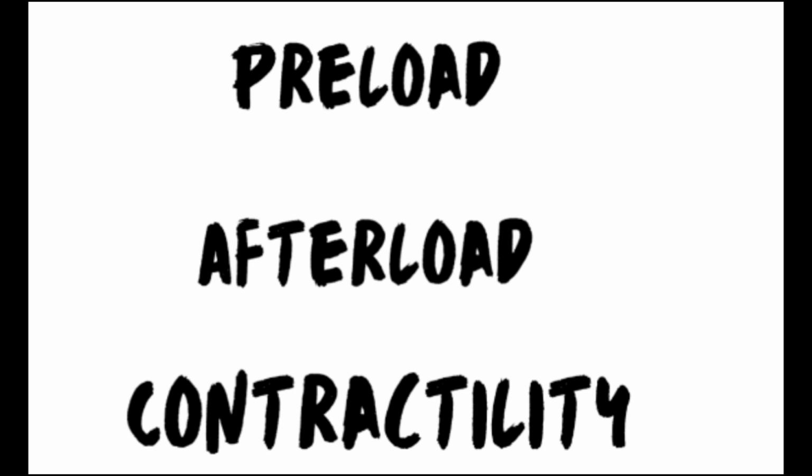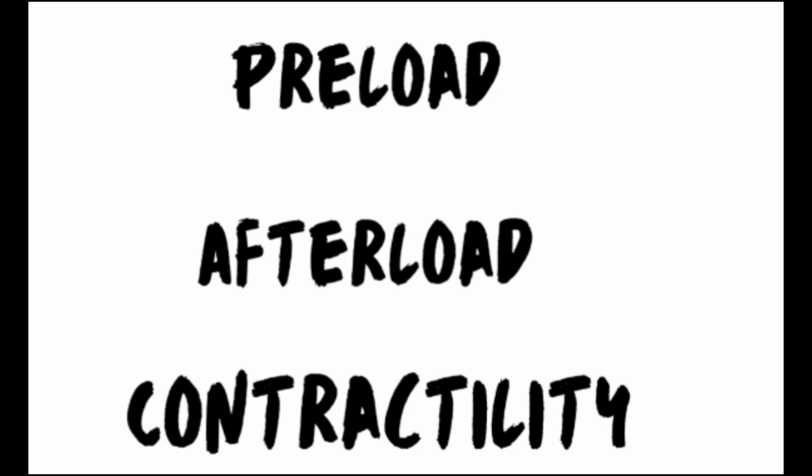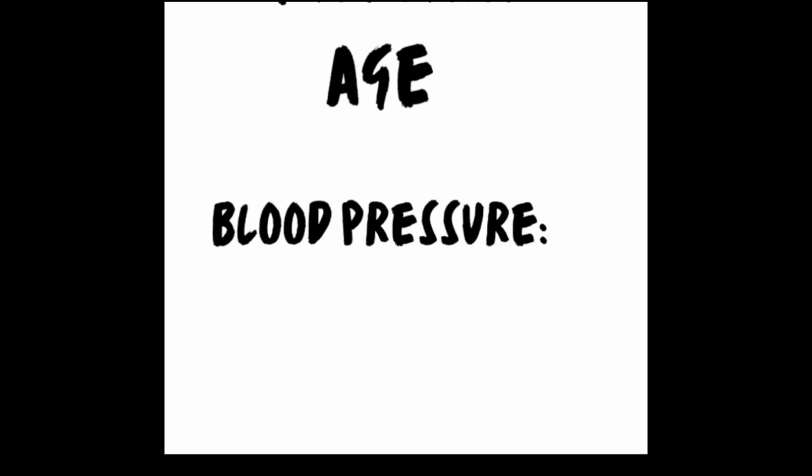Preload is determined by the intrathoracic pressure, atrial contribution, central venous pressure, and more. Afterload is the tension the ventricles must develop to pump blood against the resistance in the vascular system. Increased contractility improves the stroke volume.